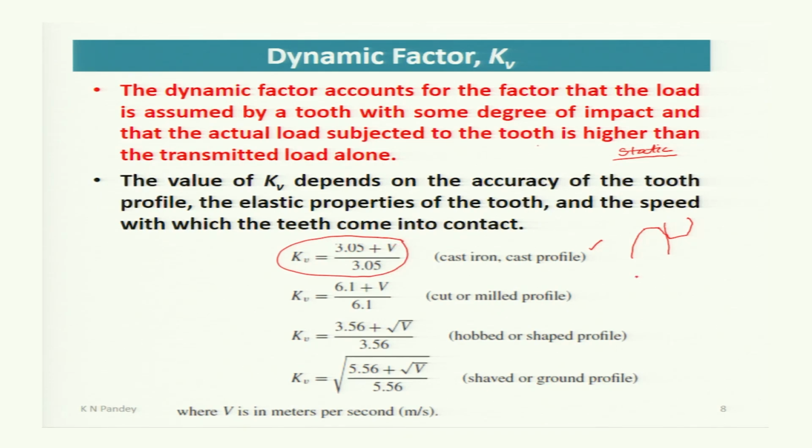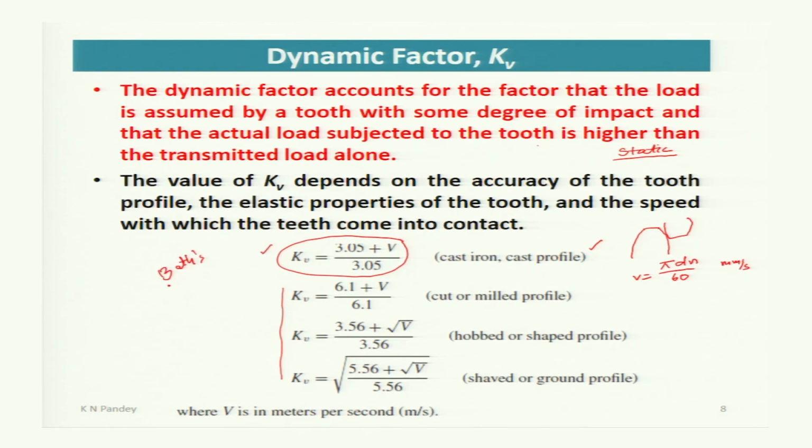Pitch line velocity V is pi d n divided by 60, and that will be in mm per second. Well, later on, with the advent of other methods of making gears, other equations were developed. This first equation is called Barth's equation.